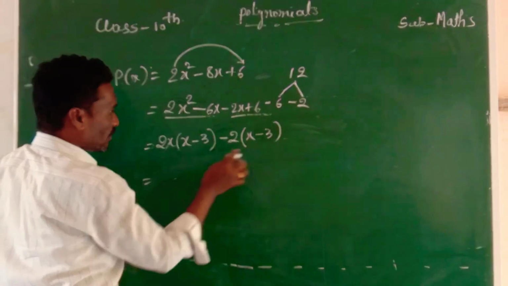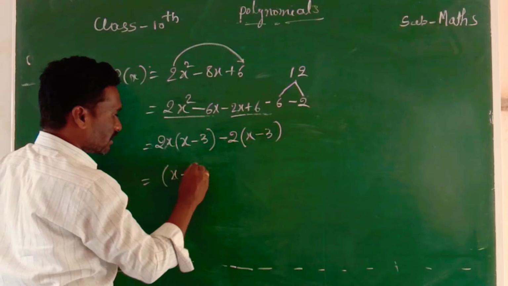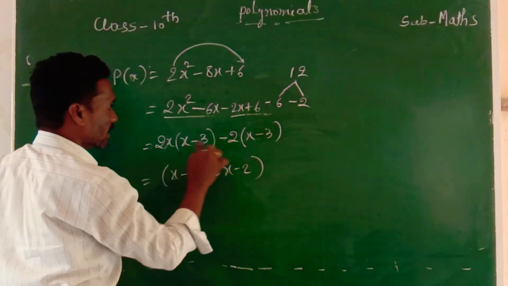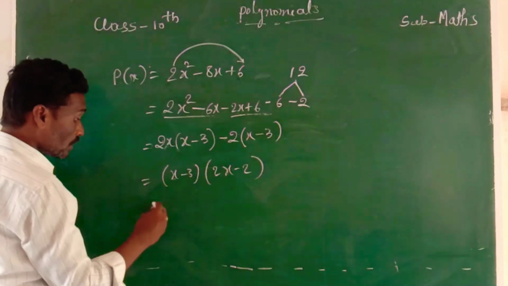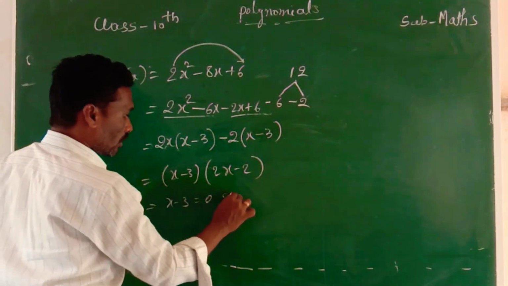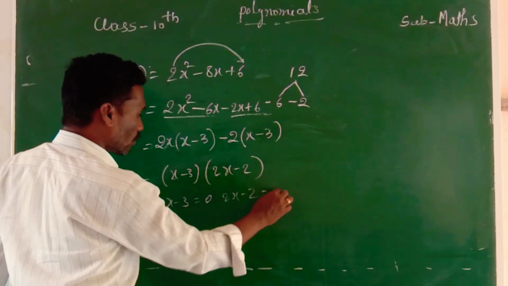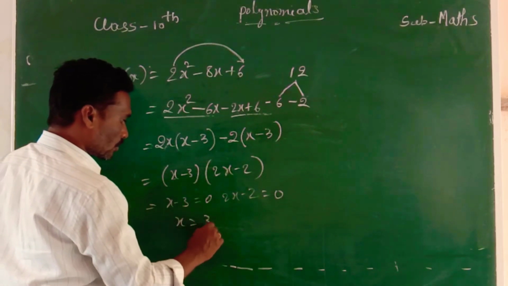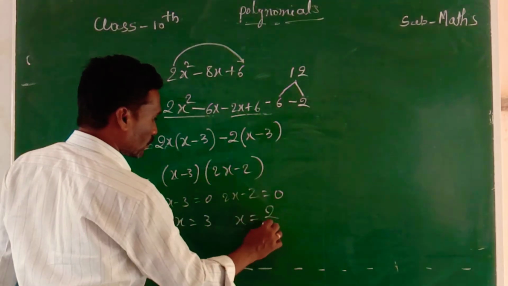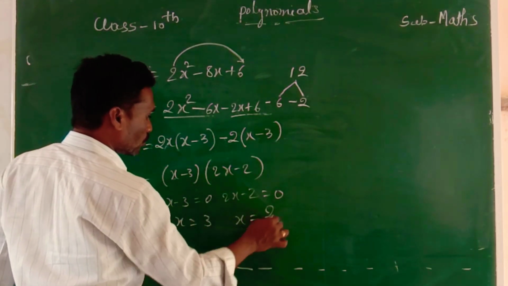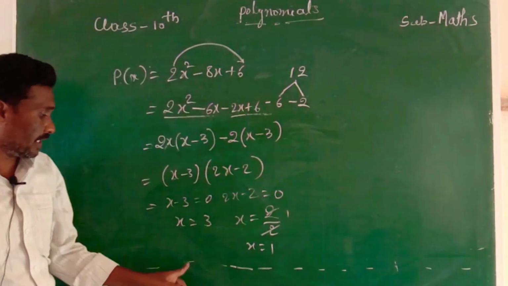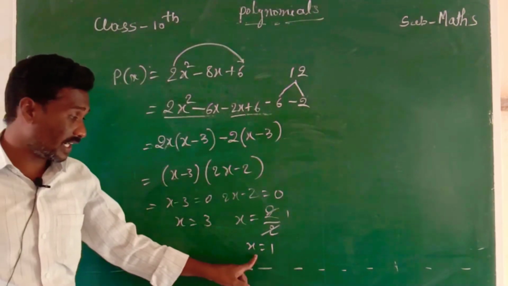Now write the common factor one time: x minus 3, and 2x minus 2 is what is outside. So x minus 3 is equal to 0 or 2x minus 2 is equal to 0. So x is equal to 3, and 2x is equal to 2, so 2 goes down and x is equal to 1. Then the zeros of this polynomial are 3 and 1.